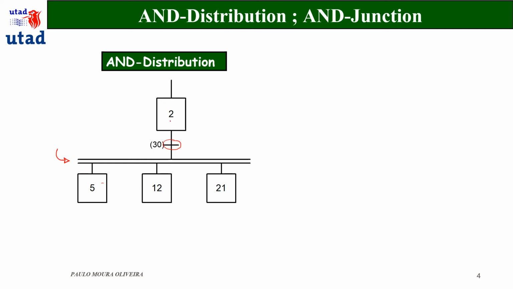That means that when step 2 is active, if this variable becomes true, the transition is cleared, and this mark leaves this step, and we got a mark or token in each one of steps 5, 12, and 21. So when transition 30 is cleared, we got the simultaneous activation of steps 5, 12, and 31. So that's why this is sometimes called the AND distribution.